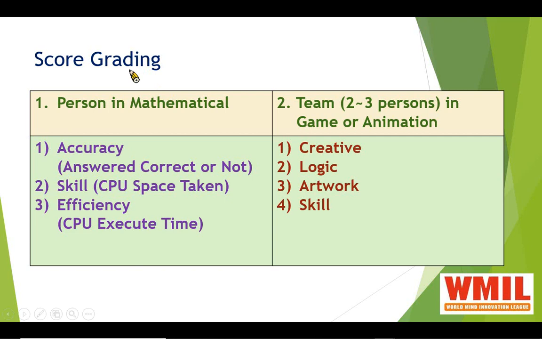This is called the grading rule. For the personal in mathematics, it is accuracy, skill, efficiency. And then for the team, which means 2 to 3 persons, for Scratch, they will evaluate creativity, logic, artwork, and skill.